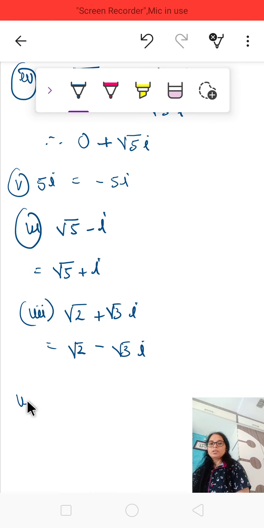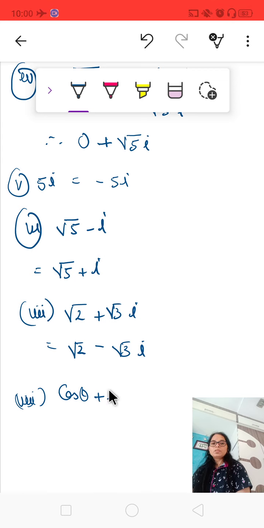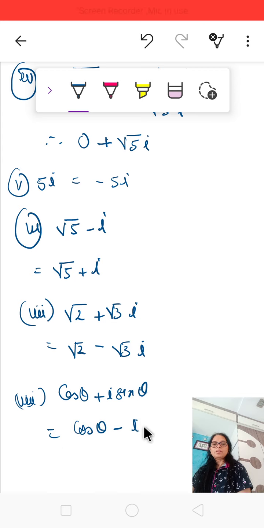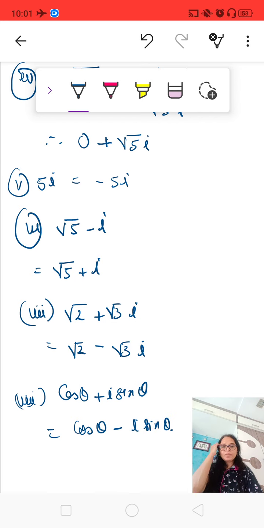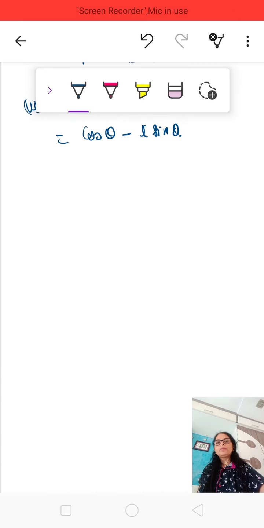And the last one is cos theta plus i sin theta. What is the conjugate of this one? Easy. Cos theta minus i sin theta. So in this way this part is finished. Now let me take question number 3 and I will take the lecture till question number 3.